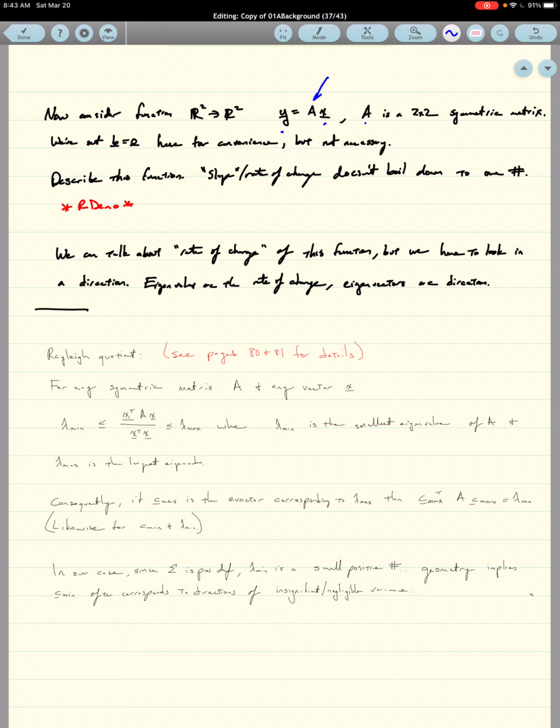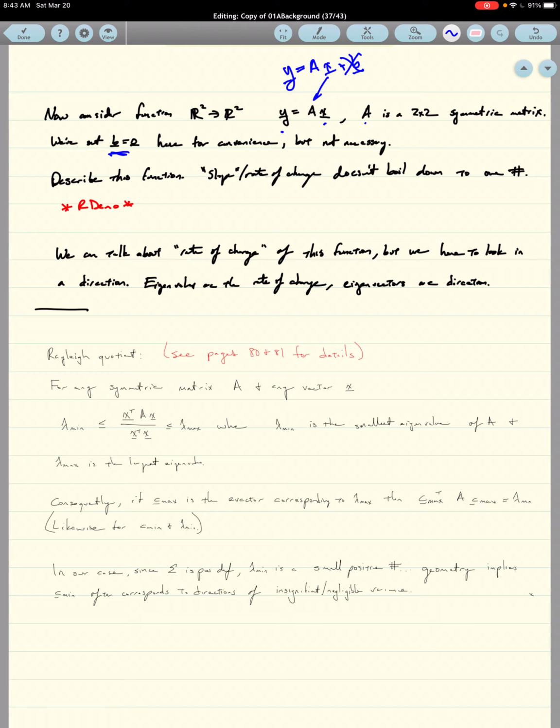And notice I've set b equal to 0. So you might think a really simple function from R2 to R2 would look like this, where there is some intercept, and we could talk about that, but let's not. Let's just make things easier. It wouldn't change this discussion at all.